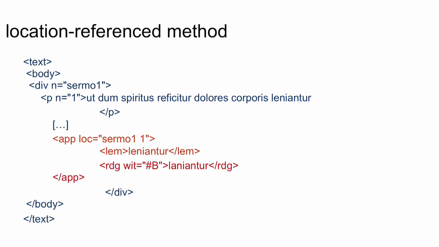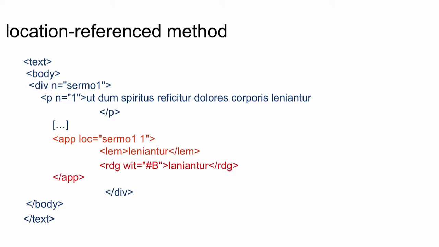Within this app element, you would have a lem for lemma, containing the word that's changing in manuscript B, and you would have one or more readings encoded with the rdg element, and attached to one or more witness with the attribute wit for witness.